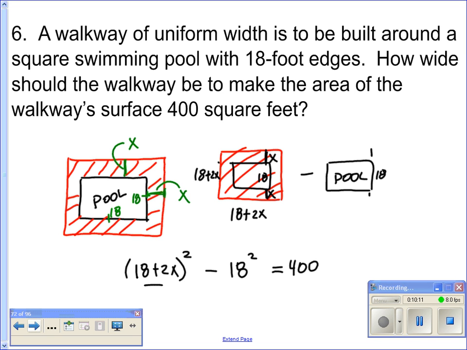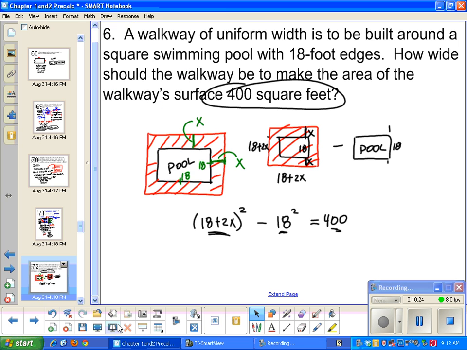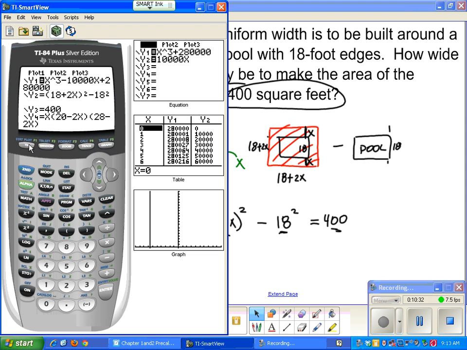It's the exterior area minus the pool area is equal to the 400 square feet that we wanted in our problem. Okay. And so now we're going to use our calculator to solve that just by finding the intersection. You should go ahead and plug that in your calculator. It'd be a good time to pause the video and see if you could come up with it by yourself.